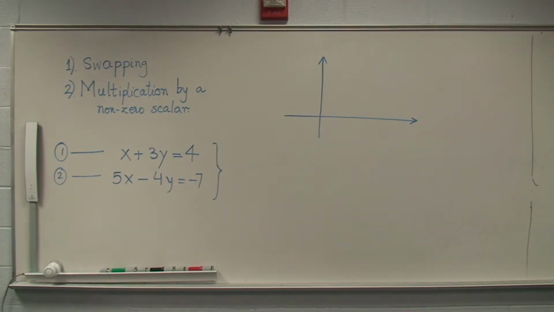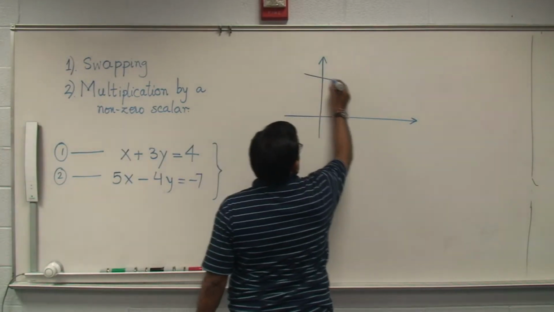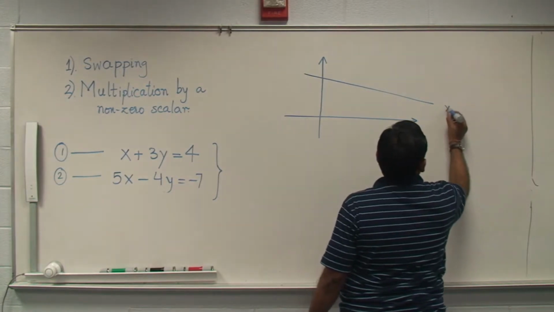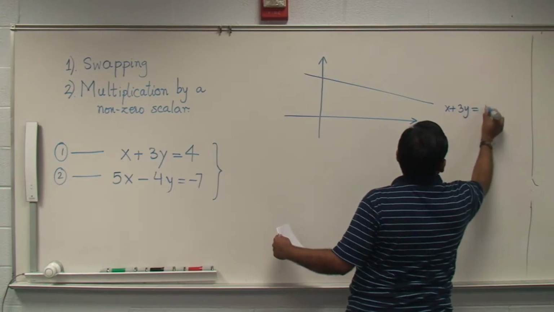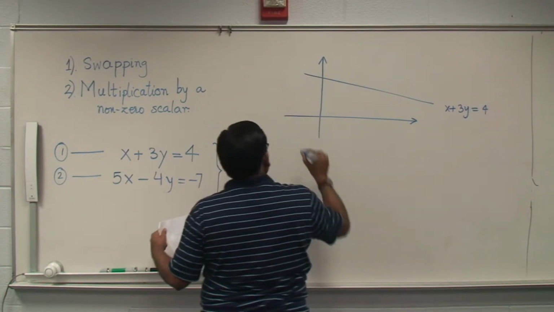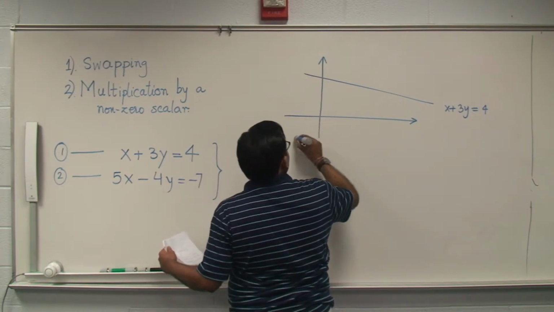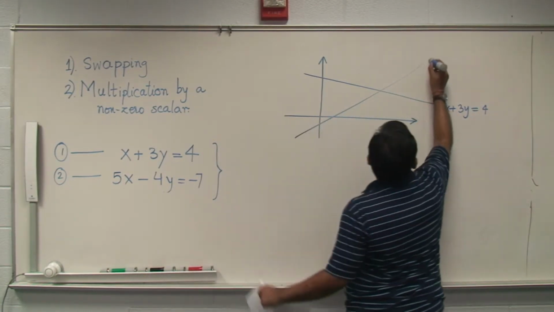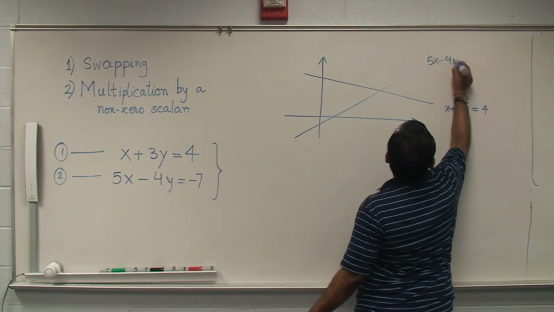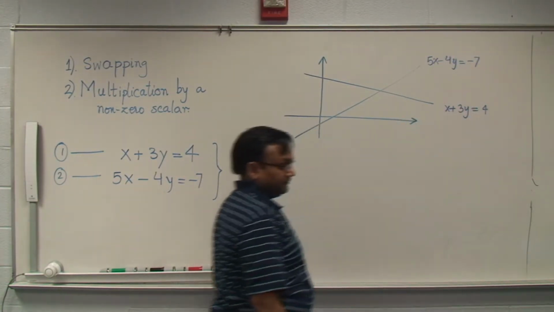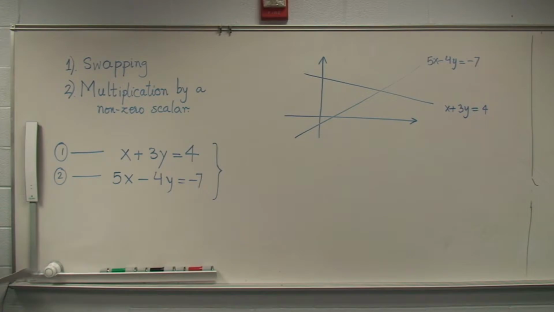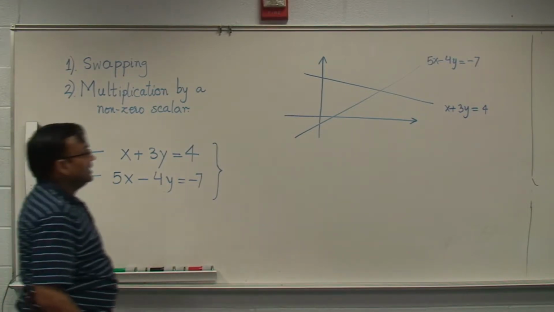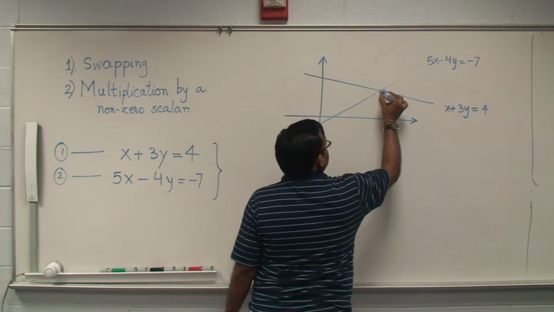So if I try to plot these lines, assuming I plot them correctly, this is the line x plus 3y equal to 4, and something like this is my line 5x minus 4y equal to minus 7. I'm not plotting them to scale, but suppose I plotted them, you will see there is only one point of intersection, and we have already found that point of intersection.